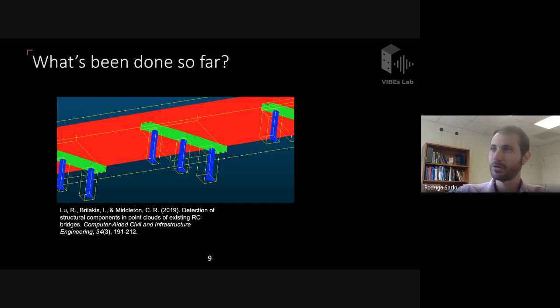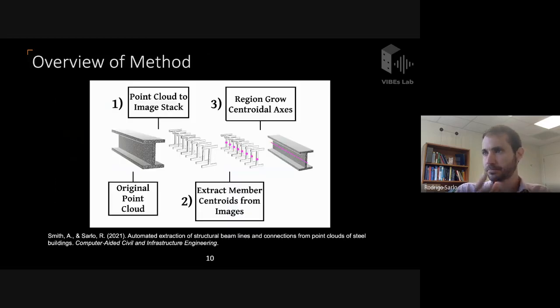They focus on large blocky structures, basically planar features in the point cloud, and they work all in the 3D space. So that tends to work really well for concrete structures like this one, but we were more interested in steel structures and slightly more complex geometries. So we took a slightly different approach, which I think also is much more scalable, as we'll see, than some of these other methods.